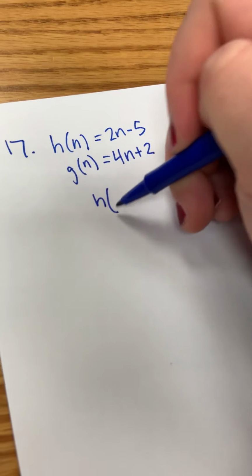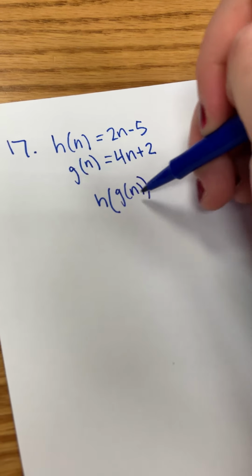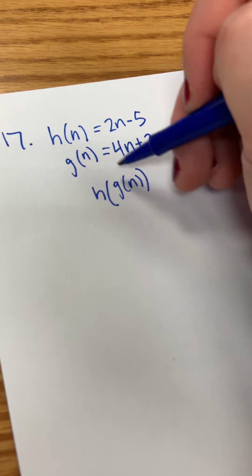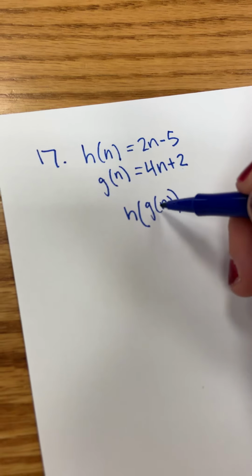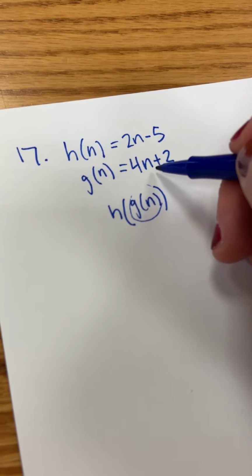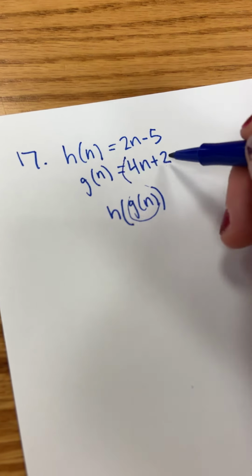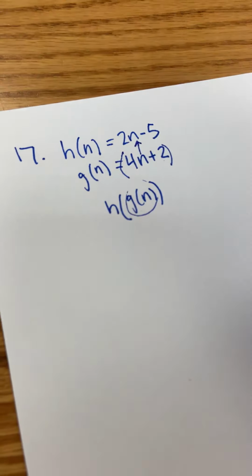We're looking at the h function, but first we have to plug the g of n function into the h function. We do not have a number for g of n. We're going to put this whole thing into h for n.